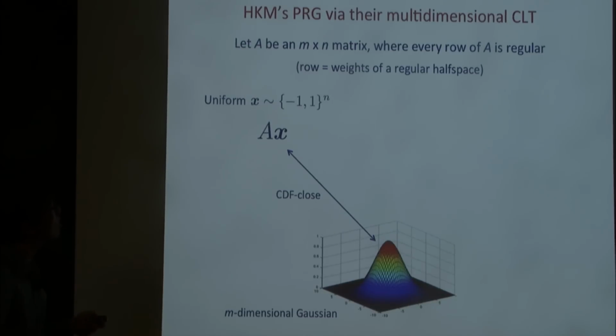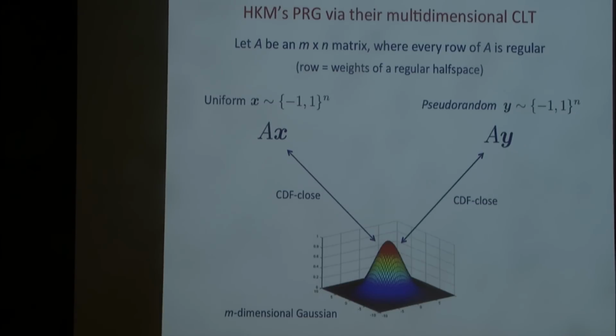They didn't just do this, they derandomized the central limit theorem, proving that the same thing also holds under pseudorandom Y. And now they throw away the Gaussian and they say, oh, AX and AY are CDF close. And if you think about it for a second, this is exactly what it means to fool the intersection of half spaces described by the matrix A. And in fact, with respect to all threshold vectors theta, not just a single threshold vector theta.